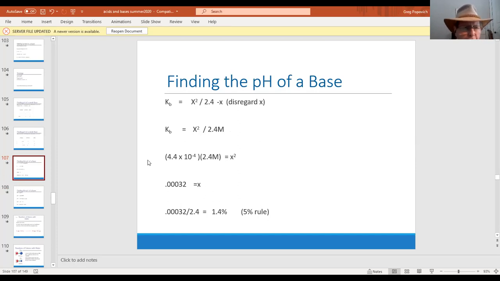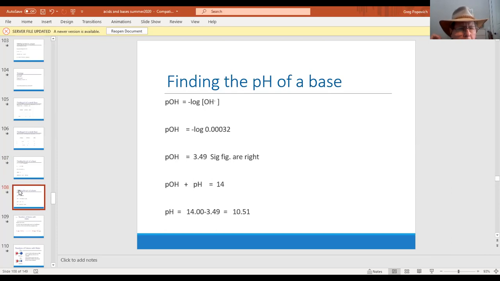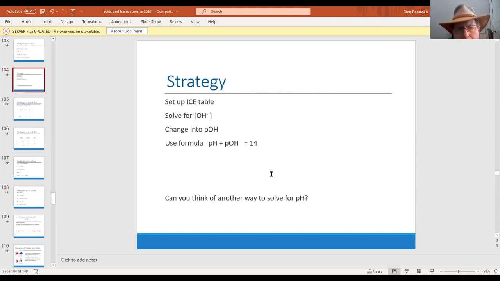So you then have to convert it to a pOH and subtract it from 14 to get the pH. Is there another way I can solve for the pH here?